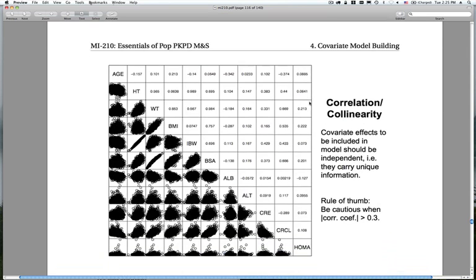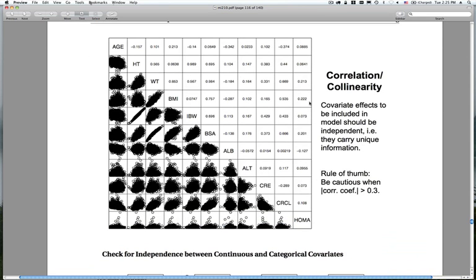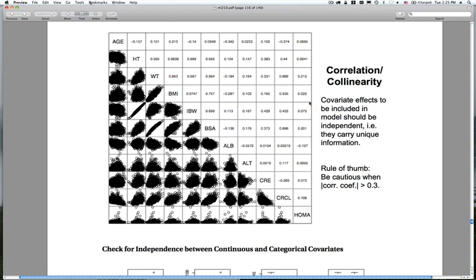So let's investigate a couple of these data reduction tasks. One of them that's very important is the correlation collinearity issue. And here you see a scatter plot matrix of a covariate data set. The way to read these, if you recall, is that each variable here is plotted along the labeled axis.